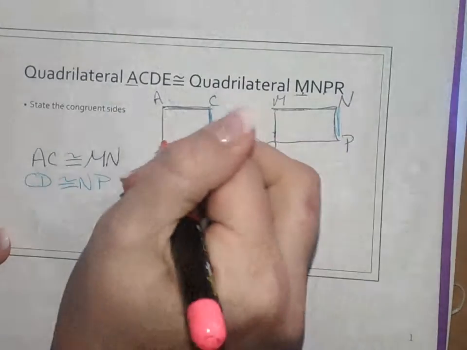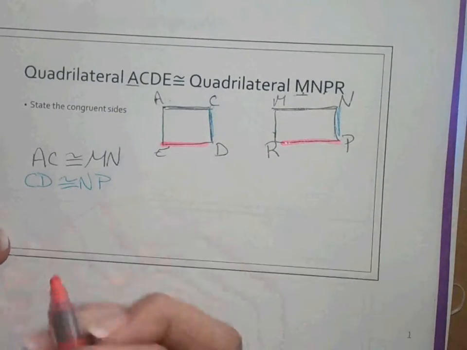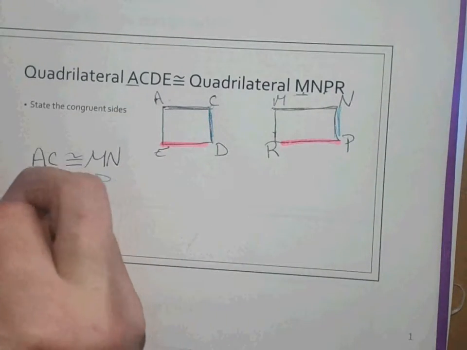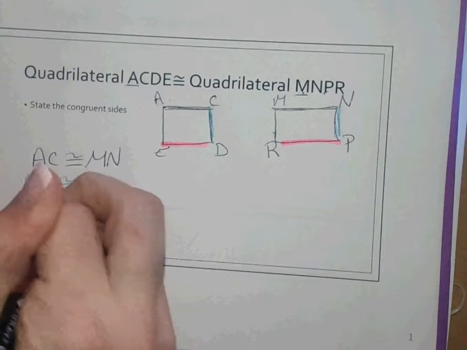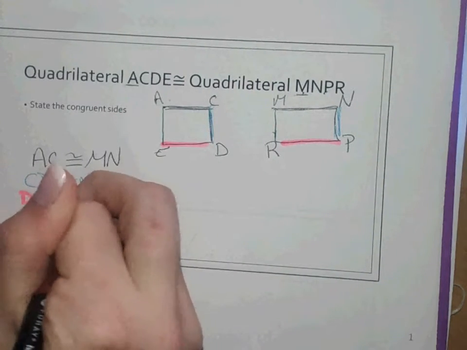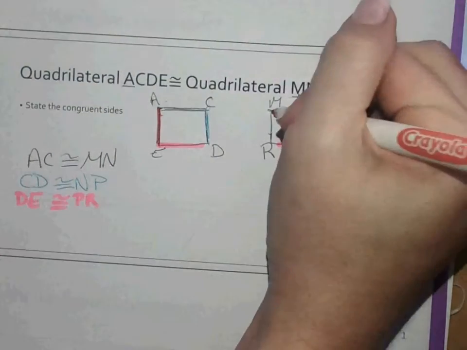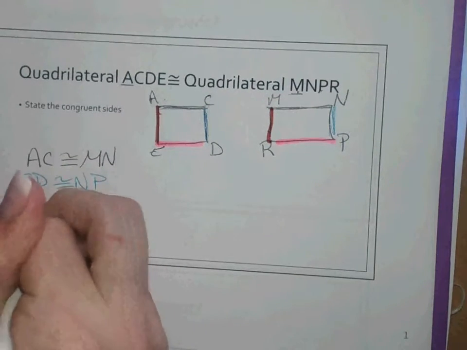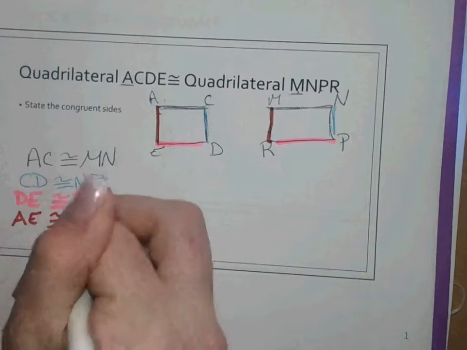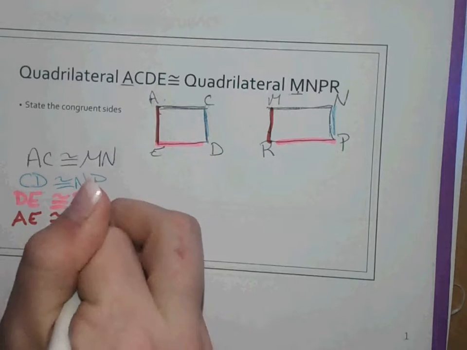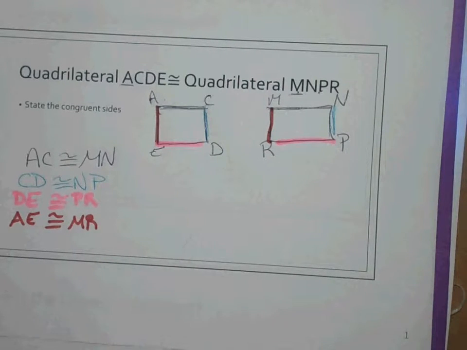Okay, then I've got our bottom. That's DE is congruent to PR. And then our last one, AE is congruent to MR. And that's all our congruent sides here.